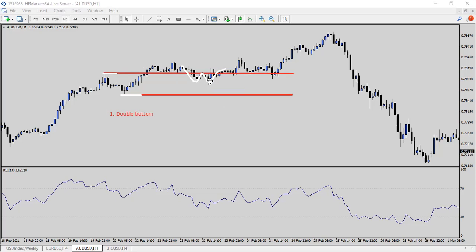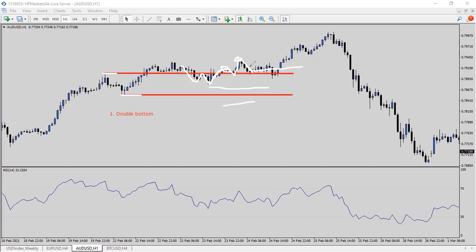Which means that at this specific point here, I'm not sure how people enter double bottoms. The generic way that I normally hear about is you wait for the break above that neckline and a retest. Perhaps you can consider that as the break above and the retest, which means at this point in here, you would most likely look to enter here, maybe a stop loss below here or a stop loss below there.